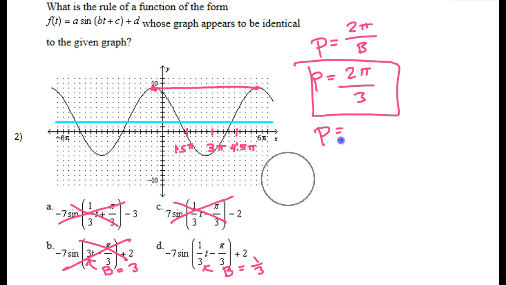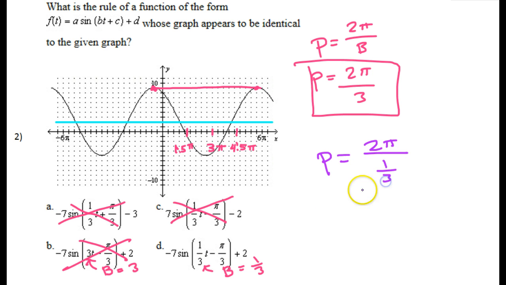Okay, but just for fun, let's go ahead and calculate it and see if we get something close to 6 pi. All right, so for the second function, 2 pi over b becomes 2 pi over 1/3.